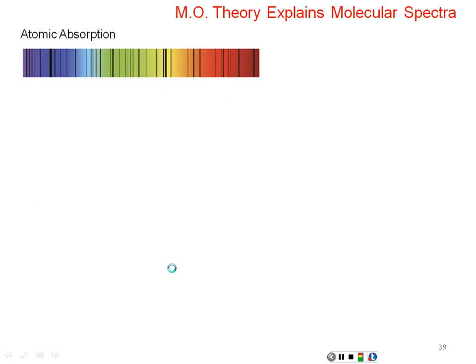Another thing molecular orbital theory is very good at is explaining molecular spectra. If you remember from the Chapter 7 material, we showed atomic spectra. So this would be atomic absorption spectra.